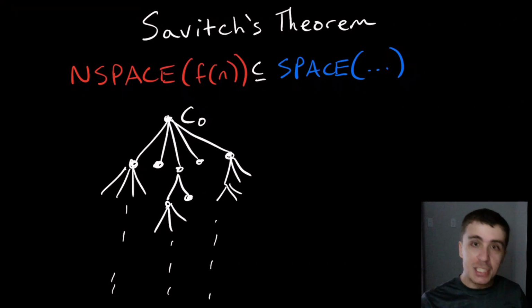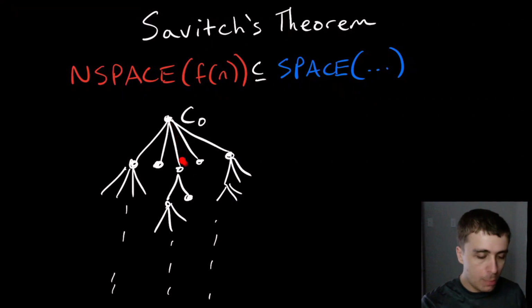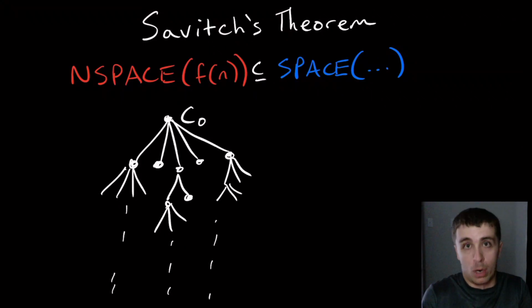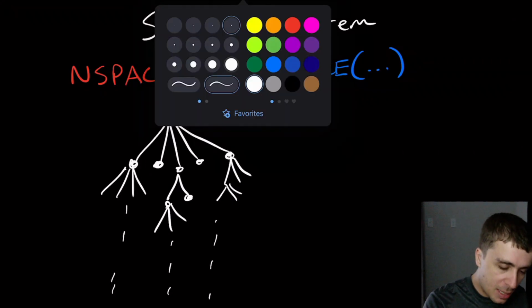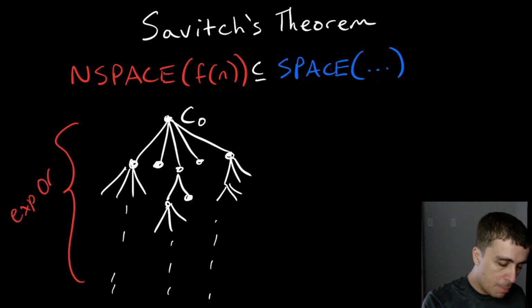So the number of steps I'm allowed to go down could be exponential in big O of f of n, because I could explore all possible configurations of size f of n or less. So in fact, the depth of this tree could be some exponential of big O of f of n.